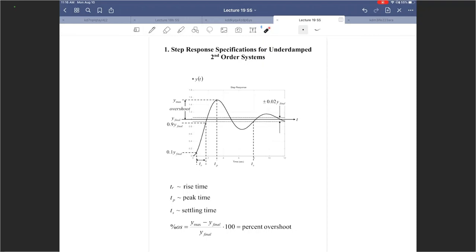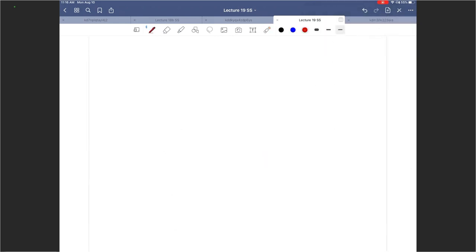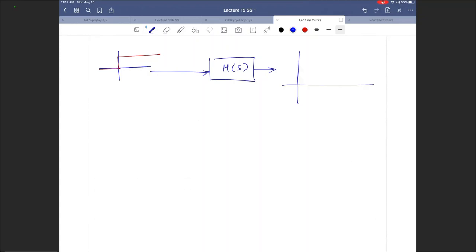If you have a system here, H of s, a second order system, and you are giving it an input of a step, how would the output look, even if it has some damping or some oscillations? It would look something like this, right?